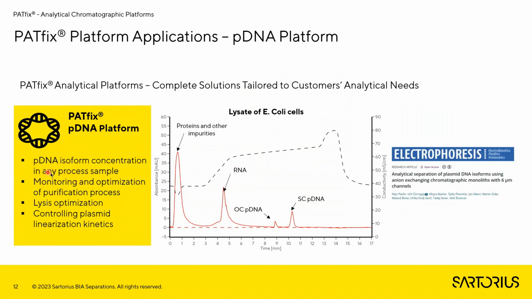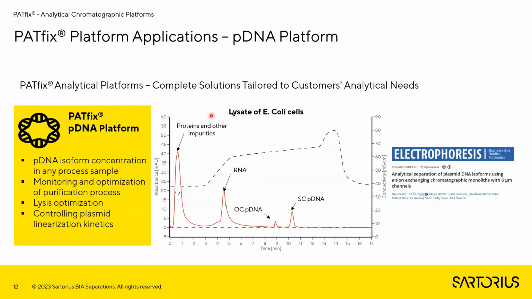So first is determination of concentration of different pDNA isoforms in any process sample during the process of preparation of pDNA. It could be used for monitoring and optimization of purification process, for lysis optimization, and for controlling plasmid linearization kinetics.